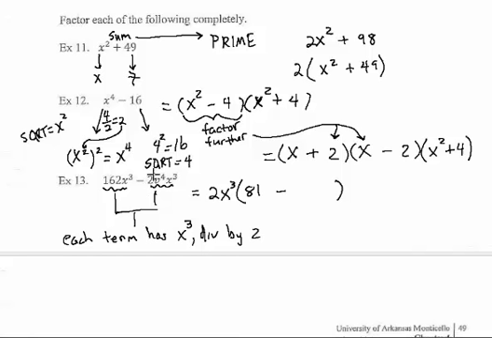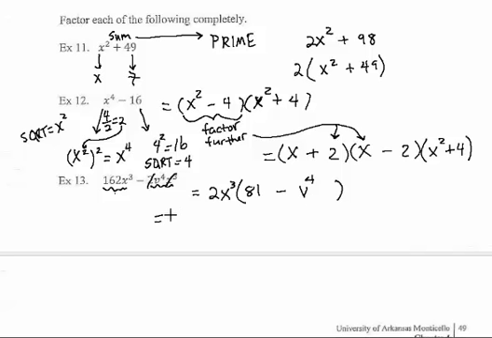If we divide out the 2 and the x cubed from the second term, we're left with a v to the fourth power. Alright. Now, we're not finished factoring this polynomial, because by this point you should recognize this second factor as a difference of squares.